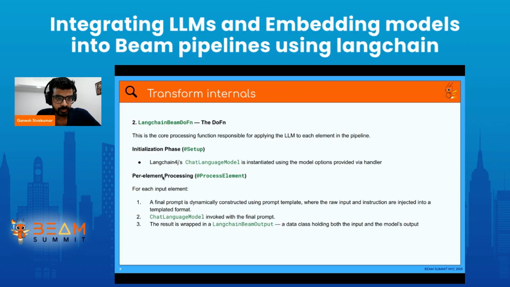As a first thing, for every single input element, a final prompt would be constructed with the input data, and then the formatted output format would be injected into the prompt. The model would be invoked, and then the model's output would be wrapped into this Lang-Beam output and then emitted as a PCollection.